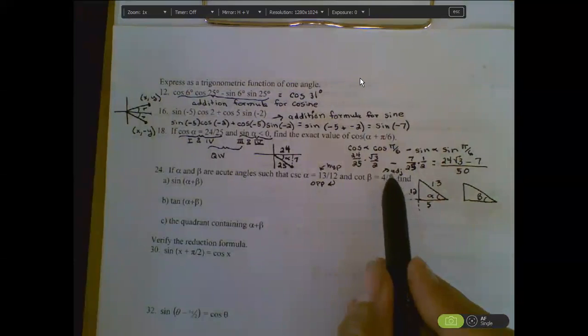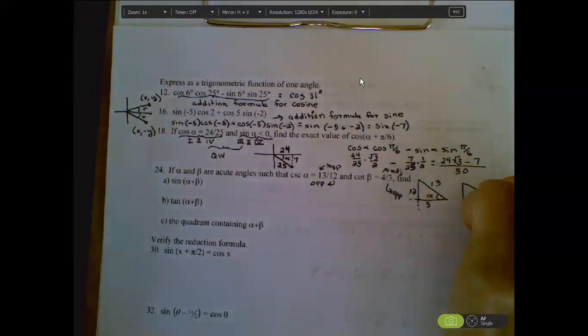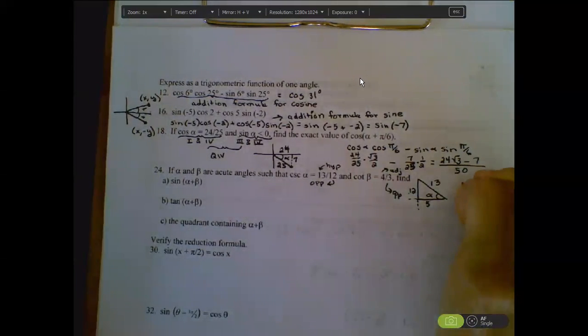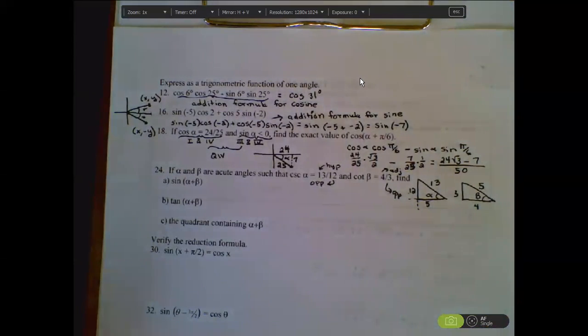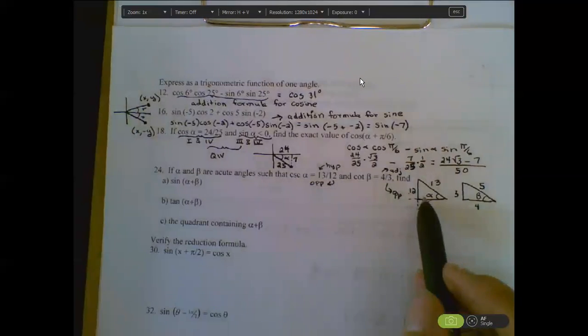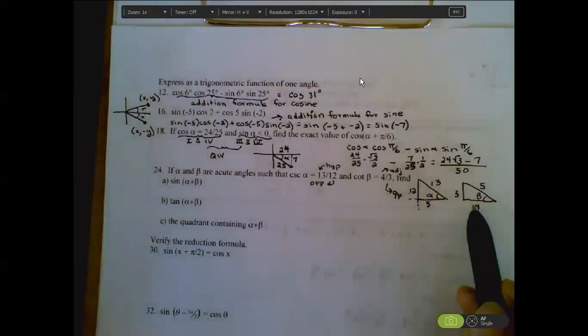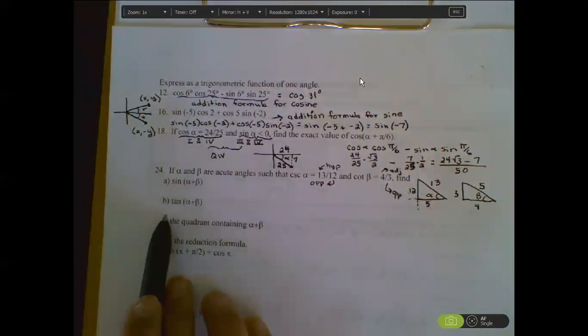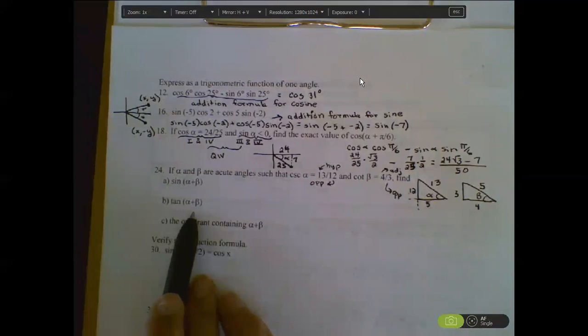That means the side adjacent to beta is 4, and the side opposite beta is 3, and that means the hypotenuse is 5. So without knowing what either alpha or beta are, I can still find the sine of alpha plus beta and the tangent of alpha plus beta.